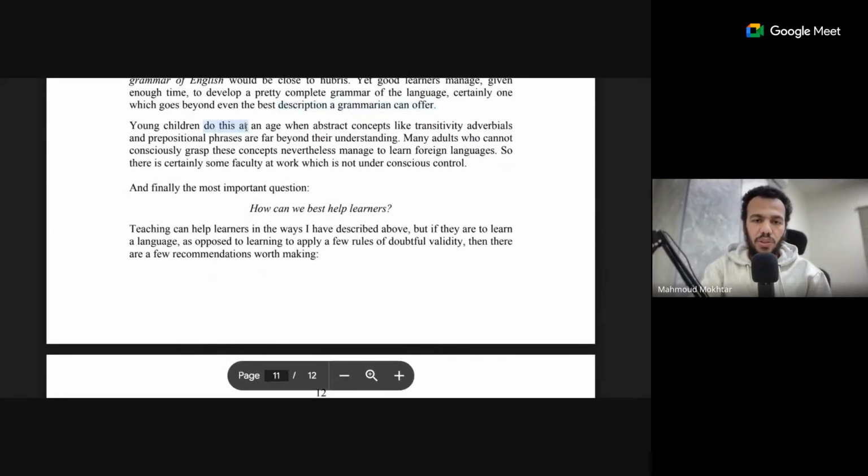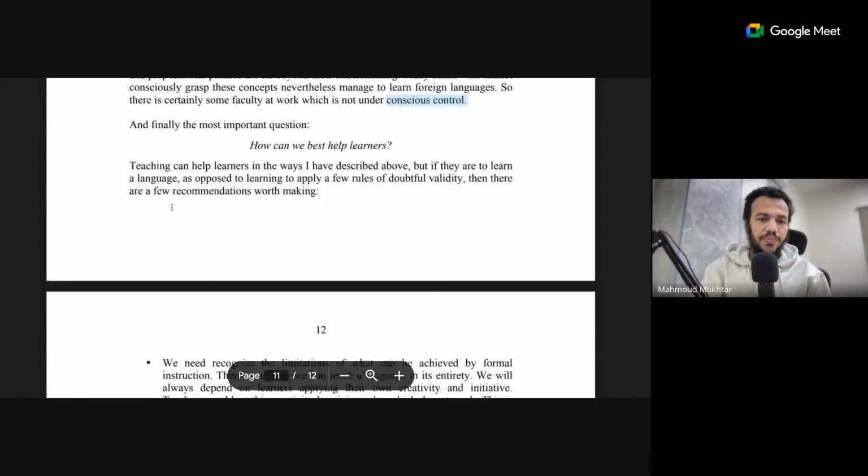Young children do this at an age when abstract concepts like transitivity, adverbials, and prepositional phrases are far beyond their understanding. Many adults who can't consciously grasp these concepts nevertheless manage to learn a foreign language. So there is certainly some faculty at work which isn't under conscious control.